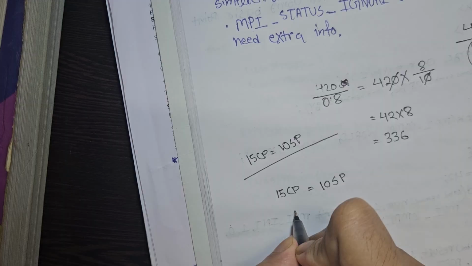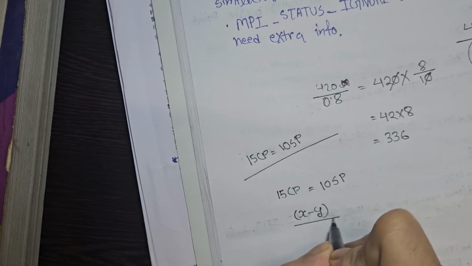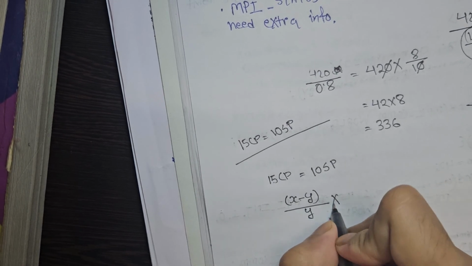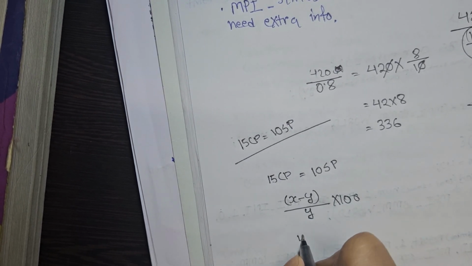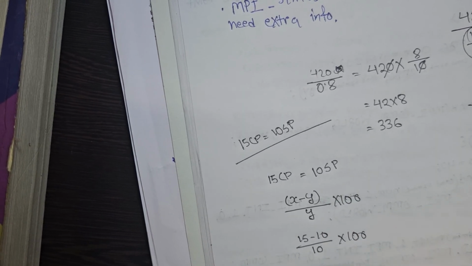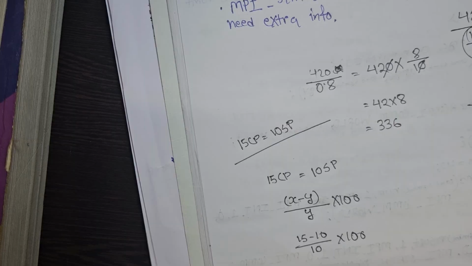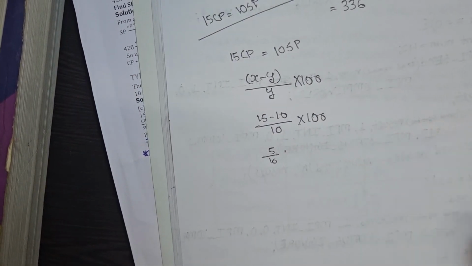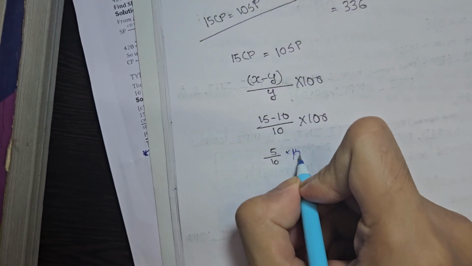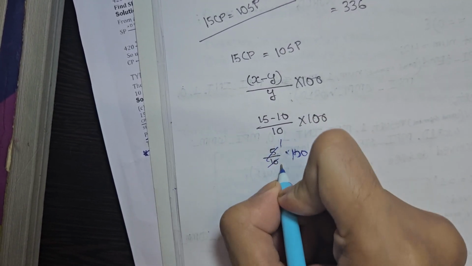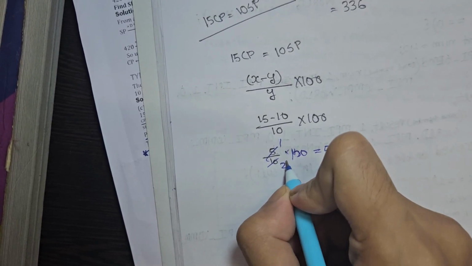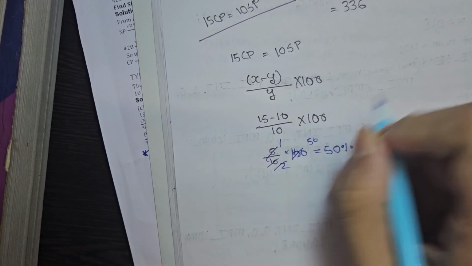So we would write (x minus y) by y multiplied by 100. So it would be (15 minus 10) by 10 multiplied by 100, or 5 by 10 multiplied by 100, which is 1 by 2 times 100. So it is 50%. If we cut 2 with 100, it's 50.